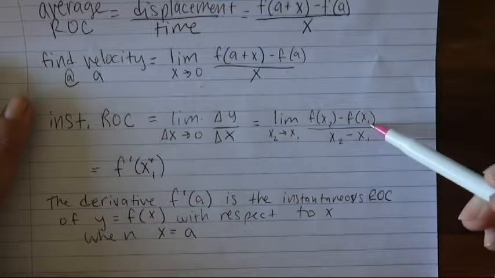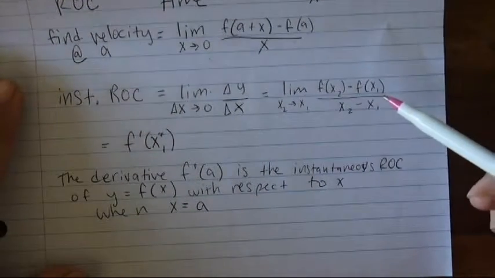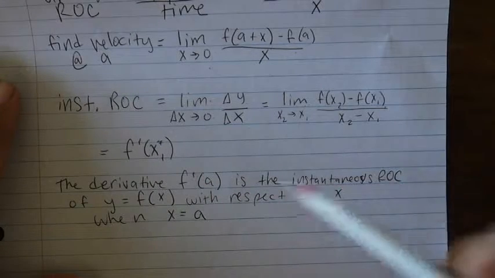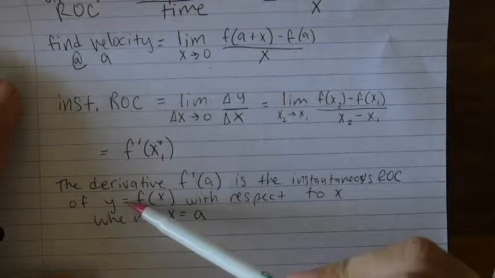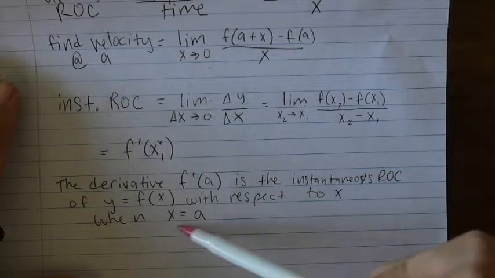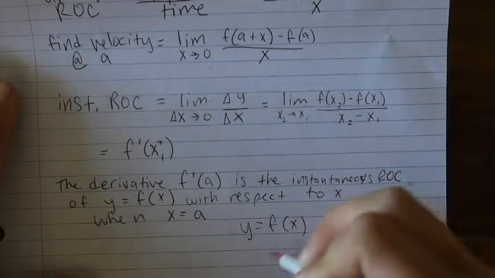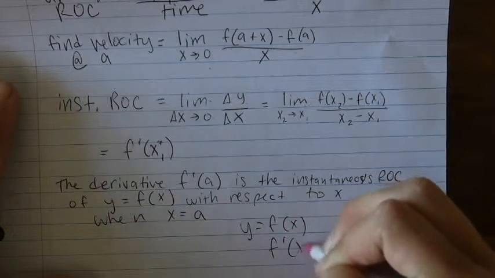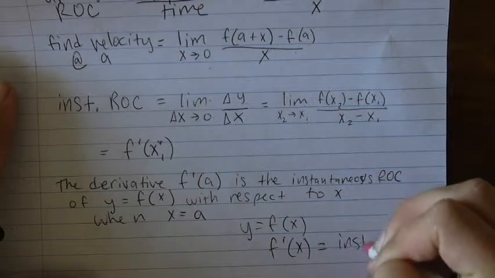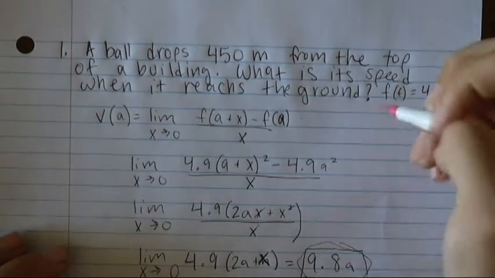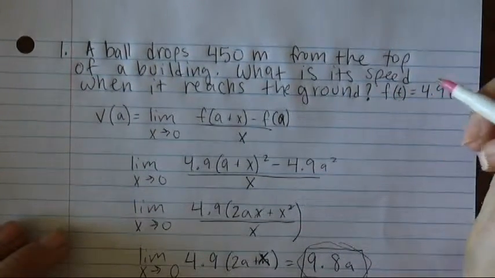So this confirms the derivative f prime of a is the instantaneous rate of change of y equals f of x with respect to x. So when y equals f of x, the derivative is equal to the instantaneous rate of change. Now we're going to take a look at this word problem using the equation we just went over, right here.